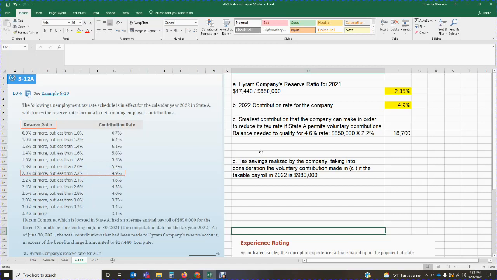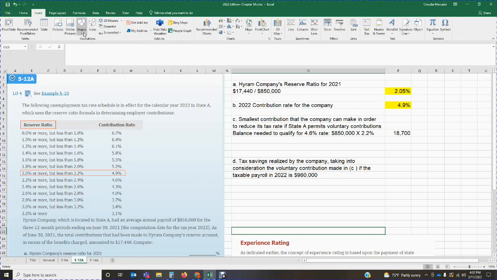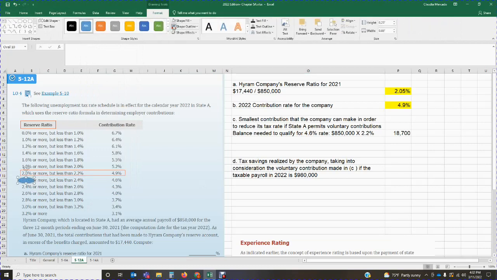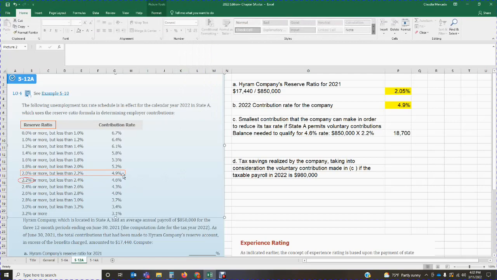They're asking us, what is the smallest contribution that we can make? Well, the smallest contribution that we can make is that 2.2%. If I want to jump from the 4.9 tier to the 4.6 tier, I have to pitch in 2.2%.